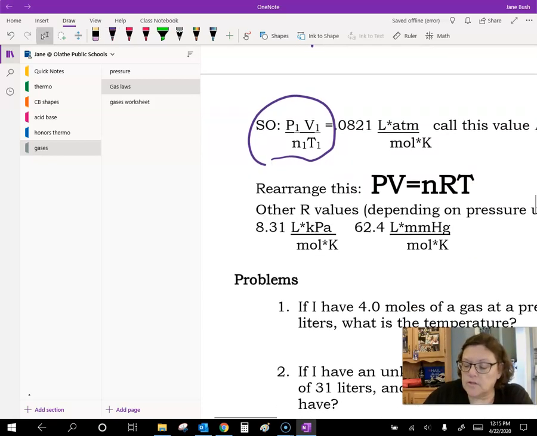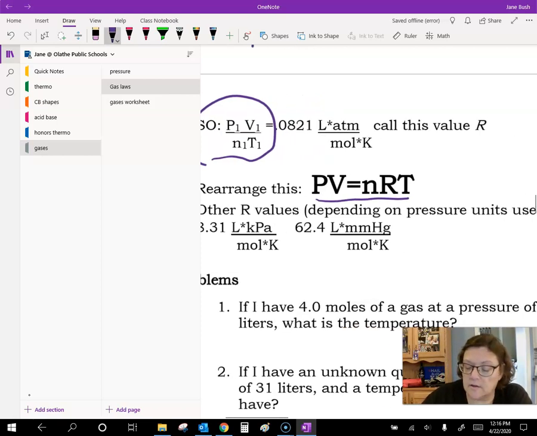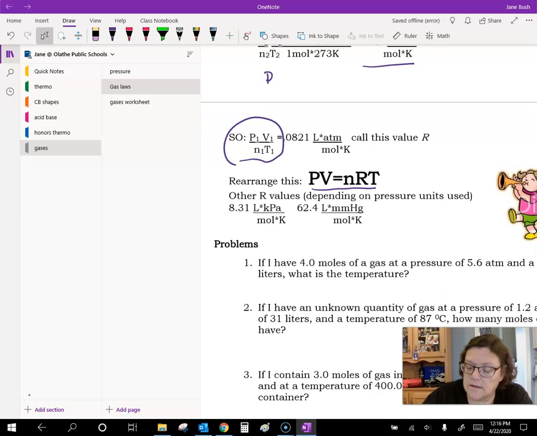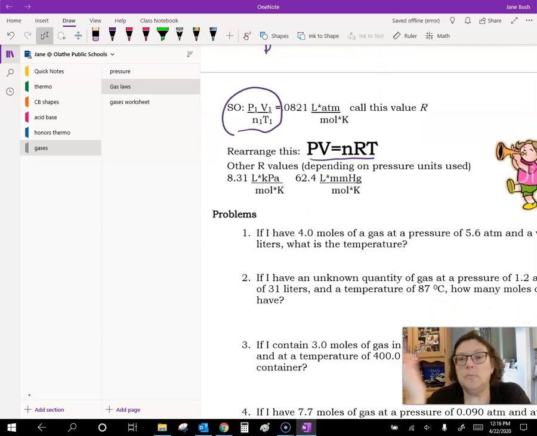If we rearrange that, we get PV equals nRT, which some people like to say perv nerd. This is the ideal gas law. The ideal gas law, PV equals nRT, we can use to solve anything that has moles in it. R is, if we're talking about atmospheres, 0.0821.